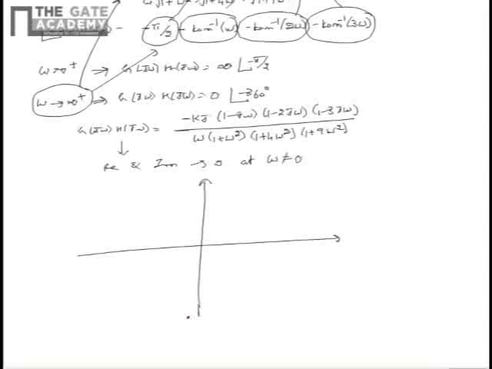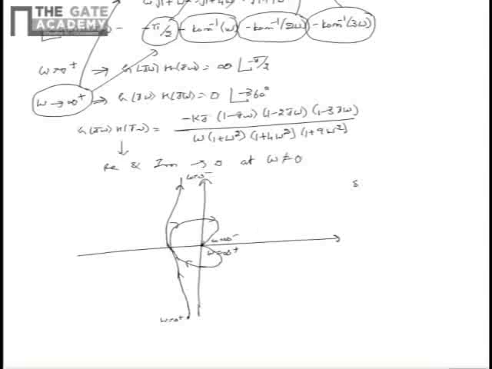So from this we can plot the Nyquist plot of the control system as shown. This is from ω = 0⁺ to ω = ∞. So due to the symmetry, the Nyquist plot of the control system can be plotted as shown from ω = -∞ to ω = 0⁻.